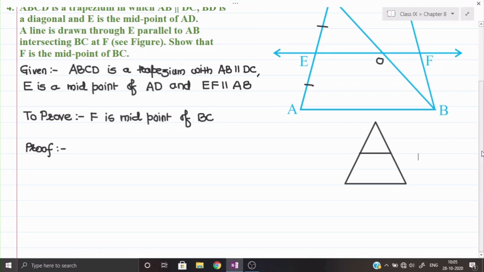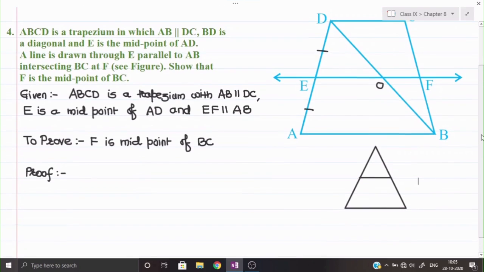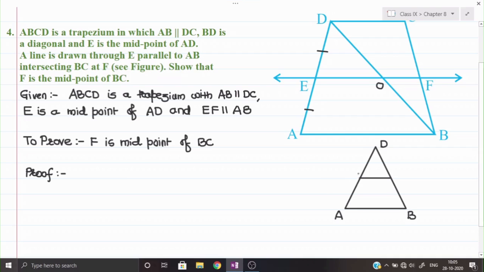From the figure, the name I am taking here is D, then this will be A, this will be B. And this point I am taking as E, and this point as O. You can see one triangle DAB, and we also have one line EO.